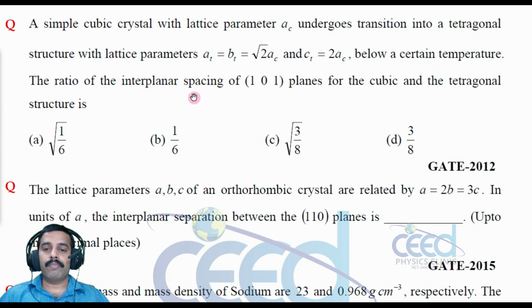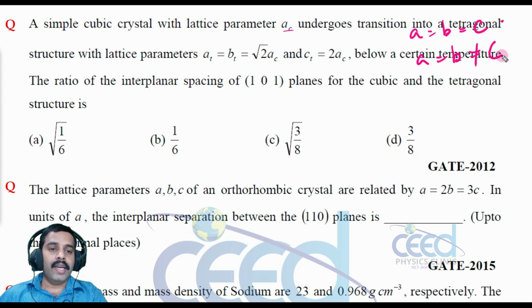The ratio of interplanar spacing of the 101 plane for the cubic and tetragonal structures is. So we already know in cubic structure A is equal to B is equal to C, and in tetragonal structure A is equal to B but not equal to C, and here A is AC, right?